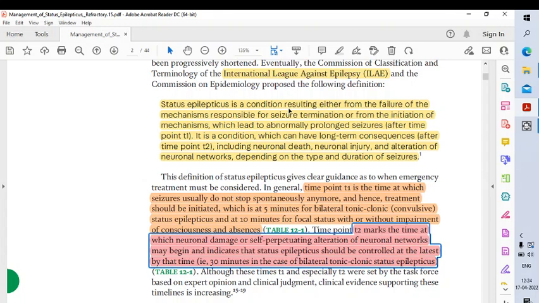That is, the condition results from the failure of the mechanisms which were responsible for the termination of the seizure, and there are some mechanisms which have led to abnormally prolonged seizures. Normally seizures should stop by 5 minutes spontaneously, but if it doesn't stop, this time is called T1.